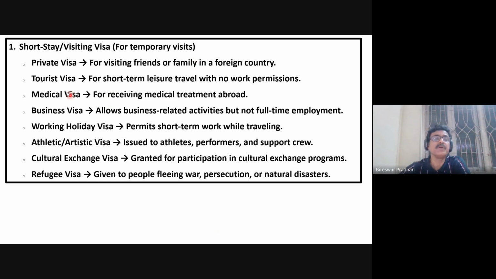Visiting visa for temporary visit; private visa for visiting family in a foreign country; tourist visa for short-term leisure travel with no work permission; medical visa for receiving medical treatment abroad; business visa allows business-related activity but not full-time employment; working holiday visa permits short-term work while traveling; artistic visa issued to athletes and performers and supporting crew; cultural exchange visa granted to participants in cultural exchange programs; and refugee visa given to people fleeing war, persecution, or natural disaster. These are the short-stay types of visa.